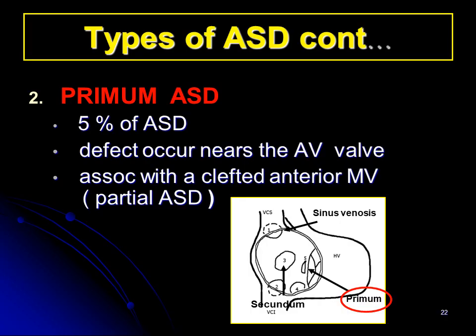The septum has a transient small anterior opening called the ostium primum, which allows movement of blood from the left to right atrium during fetal development. Persistence of the ostium primum leads to the primum type of atrial septal defect.